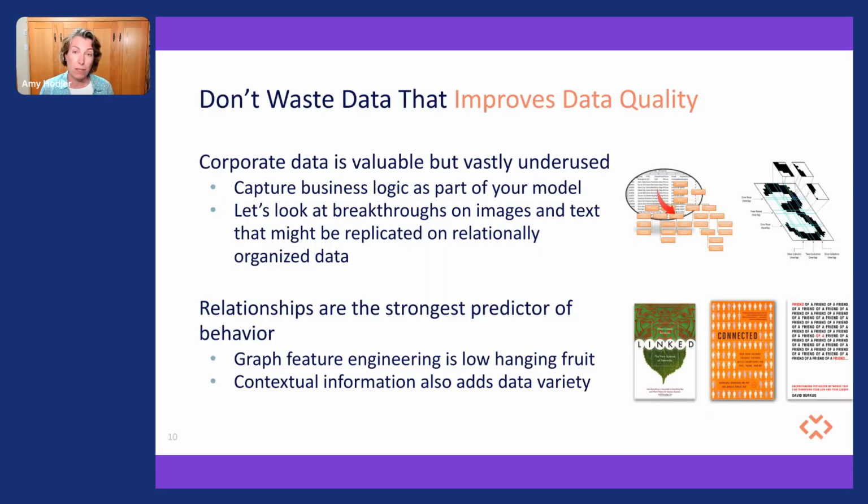So the first thing to do is improve the quality of the data, and incorporate lots of it out there. But in the structure, we're not capturing business logic, and we need to do that in our models. We need to look at other areas like image and text, and be able to relationally organize data.